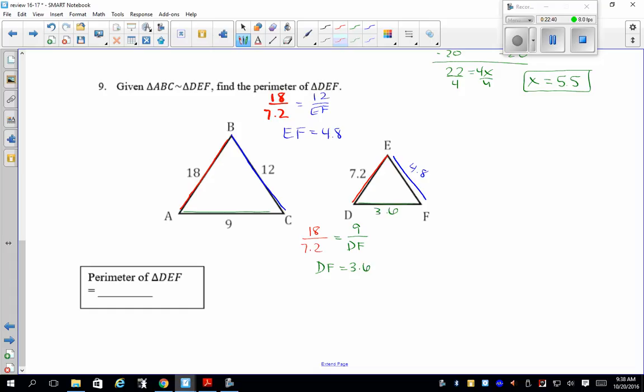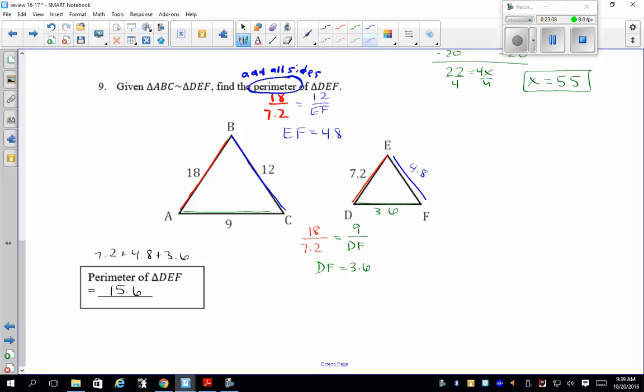Now the problem asked for the perimeter. The perimeter is when you add all sides. It's the distance around, all the way around the triangle. So to get the perimeter, I'm going to add all the sides of DEF, 7.2 plus 4.8 plus 3.6, and I get 15.6.